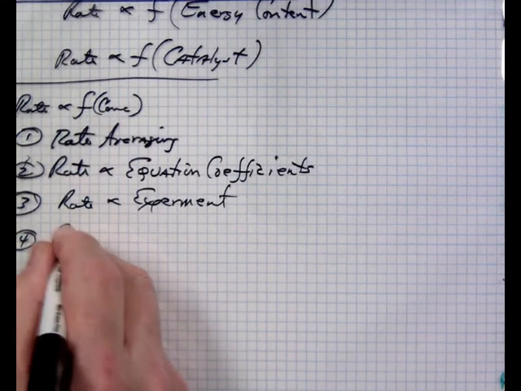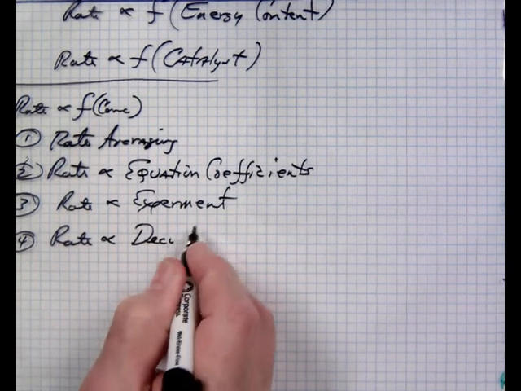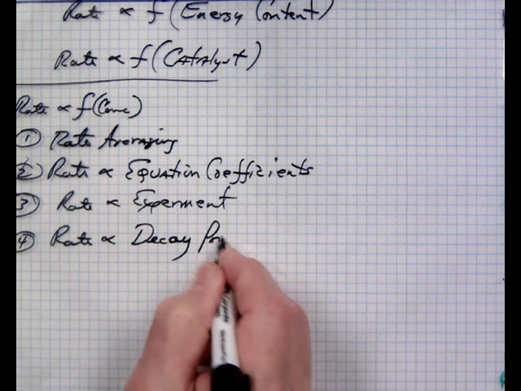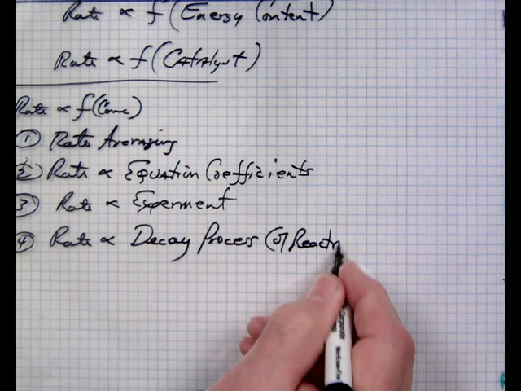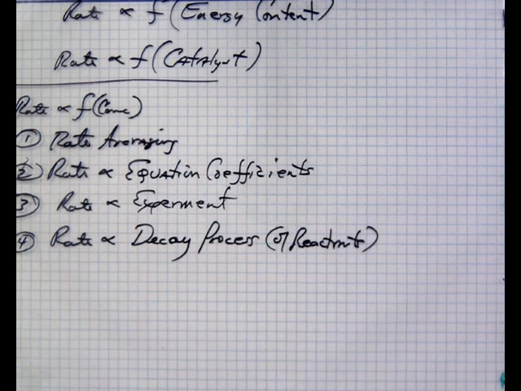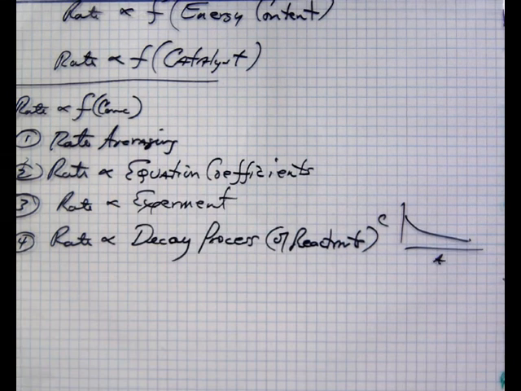And here you have a rate proportional to the decay of reactants. How does the reactant concentration change as a function of time? We already showed you the little curve there a moment ago, concentration and time. Typically the reactants will follow that trend. Well, there's a very specific, unique, and classic equation called the decay equation that goes with that.